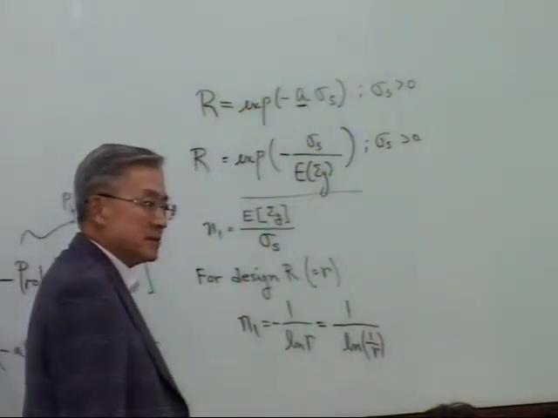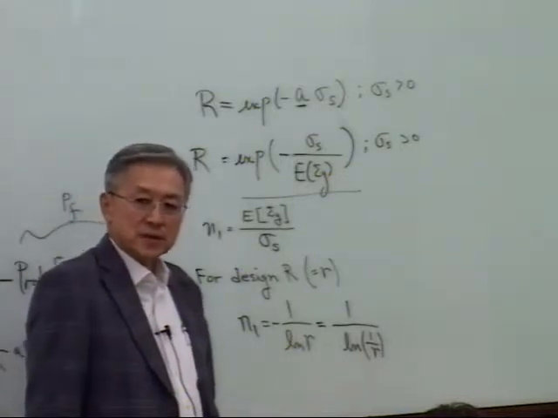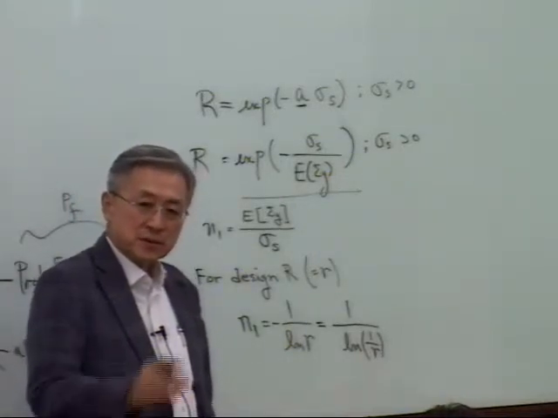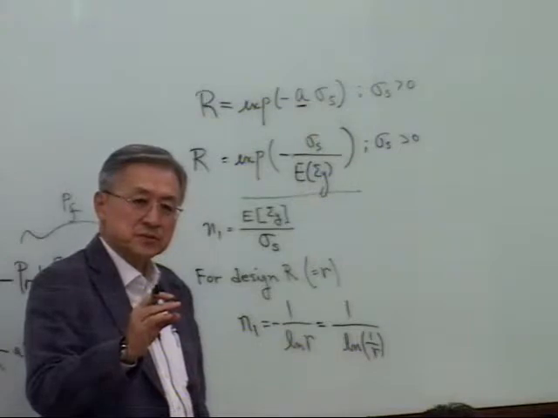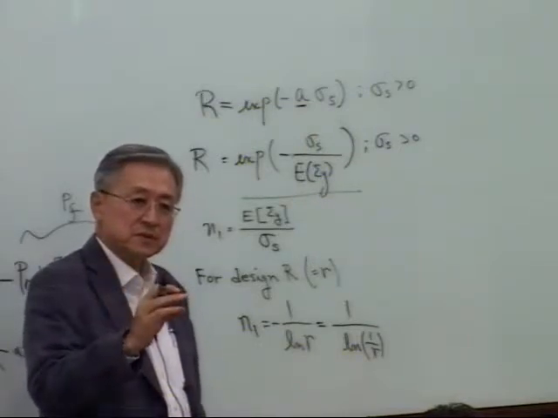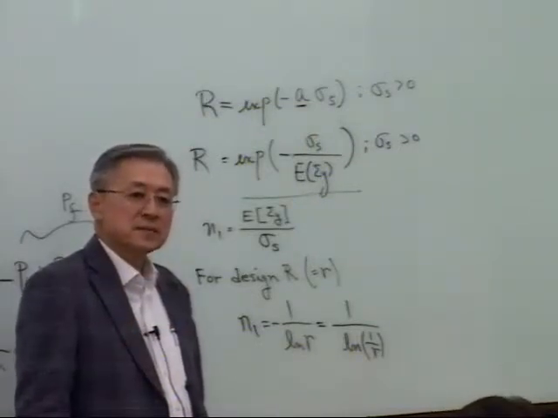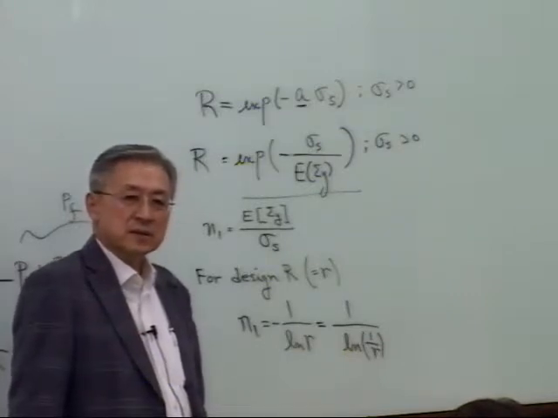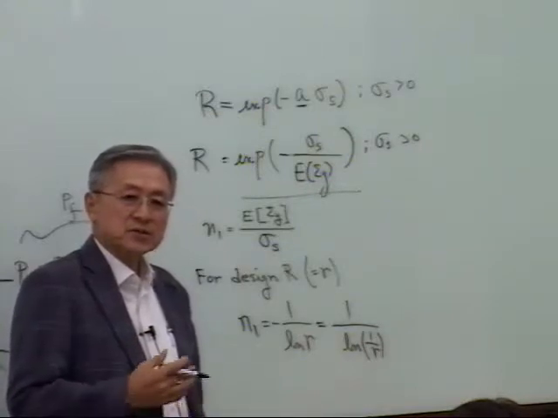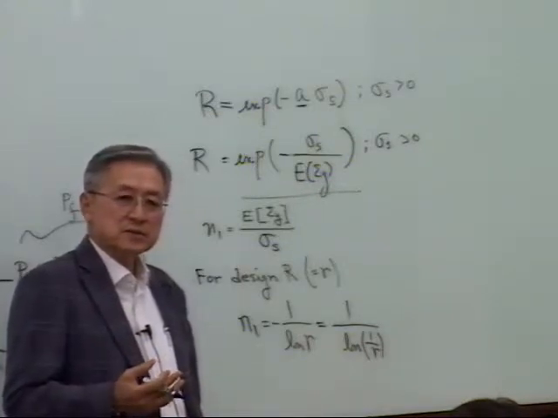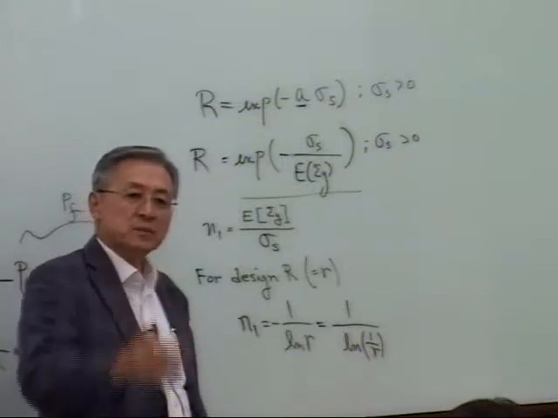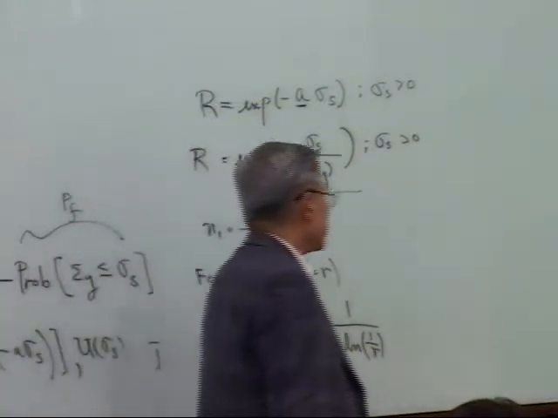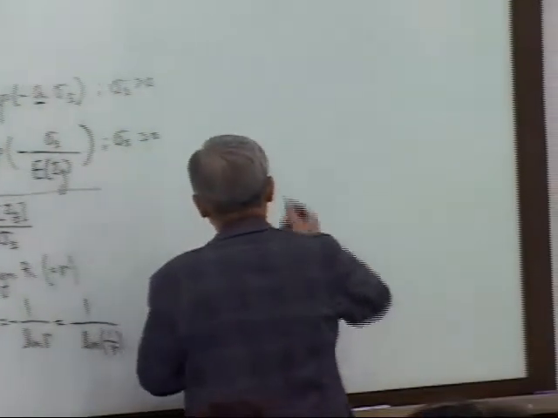Then you will see, the equation looks okay, but the coefficient of variation in this case for yield is 1. The uncertainty is terribly bad for the material. Then you expect the safety factor to zoom up for almost any reliability.